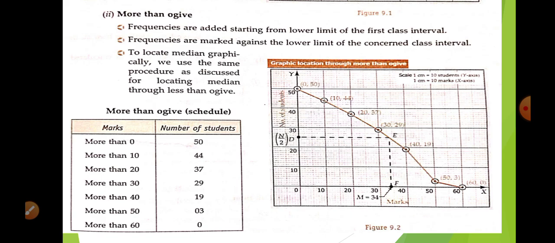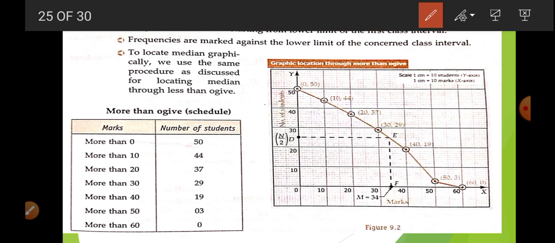Now, in the case of more than ogive, any series that is given, we are going to first of all convert into more than. Okay, after that, the value of x, that is, more than 0, more than 10, we are going to represent on x axis. Number of the students we are going to represent on y axis. Then we are going to make the use of the equation n upon 2. So 50 upon 2, that is 25.